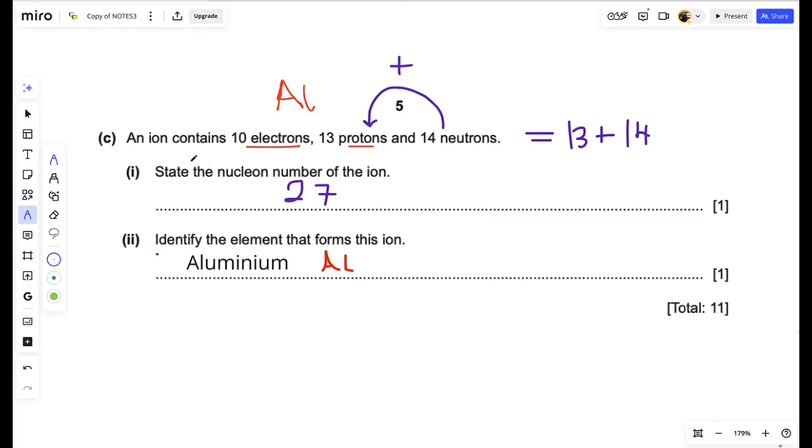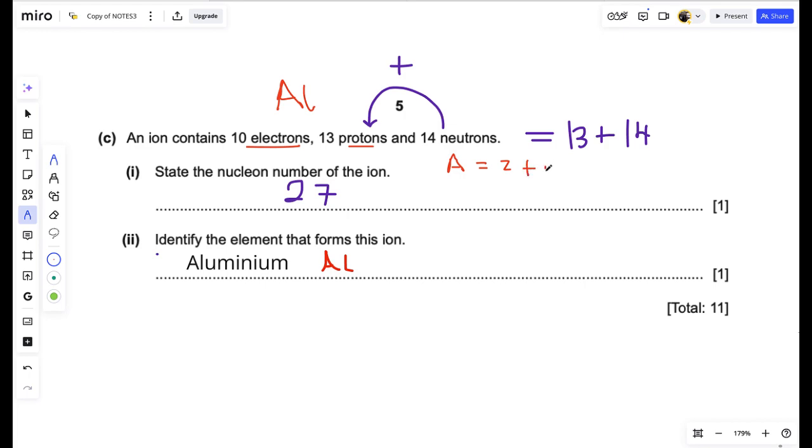Okay? Now it says state the nucleon number of the ion. So you can see the nucleon number is to add what? The 13, number of protons, plus the number of neutrons to get the nucleon number. We have a formula for it: A equals Z plus N. A is the nucleon number, Z is the number of protons or the atomic number, plus N is the number of neutrons.